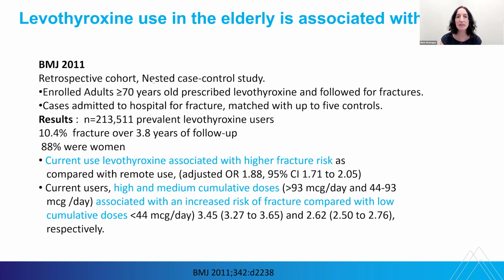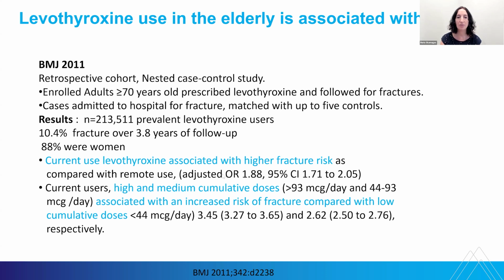Levothyroxine in the elderly and effects and associations with fractures. So this was a nested case control study that looked at adults over the age of 70 who took levothyroxine, and they looked at how many developed fractures. So in about 213,000 individuals using levothyroxine, there was about a 10.4% fracture incidence over 4 years. 88% were women, not surprisingly.